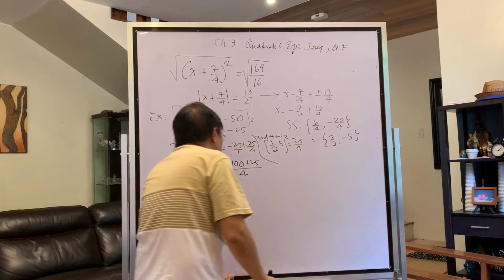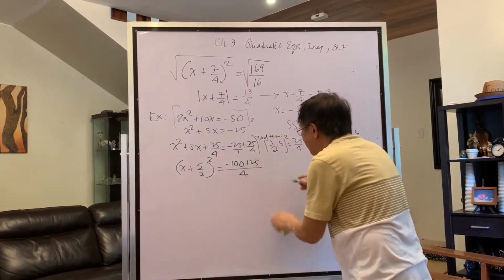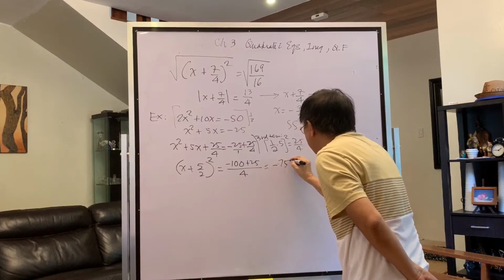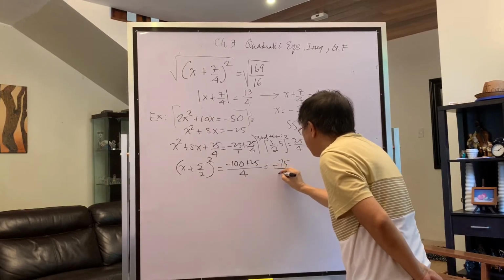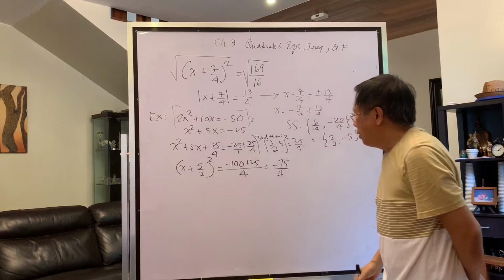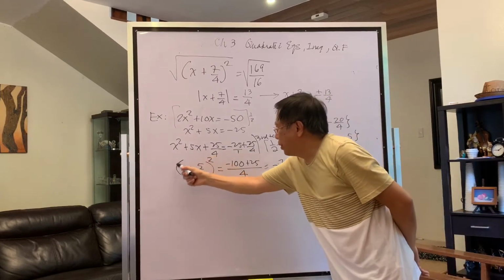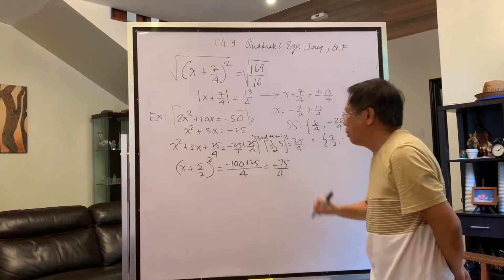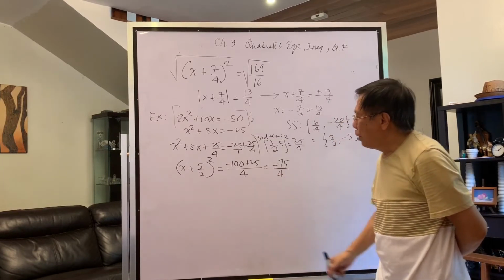Okay, simplifying this, we get negative 75 over 4.